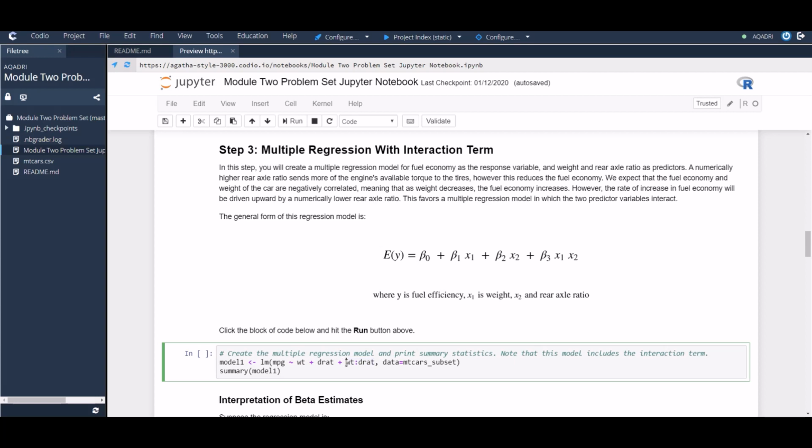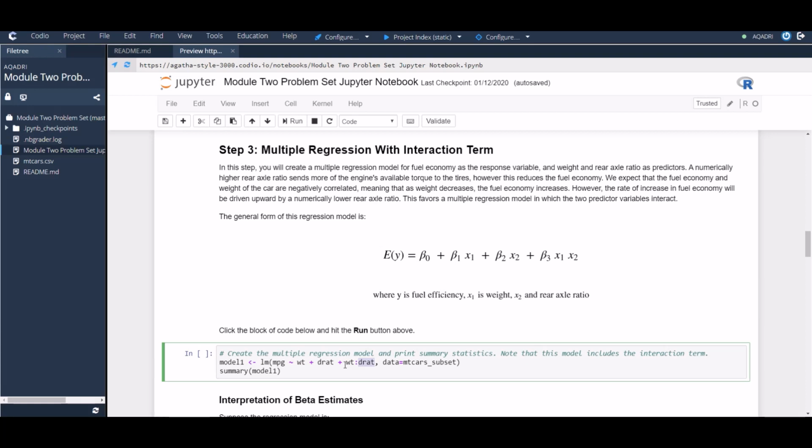So you write the first variable. For example, here the first predictor is the weight. So you write the variable name for weight, and then you put a colon sign that is an indication of interaction, and then the variable name for the second predictor, which is drat.